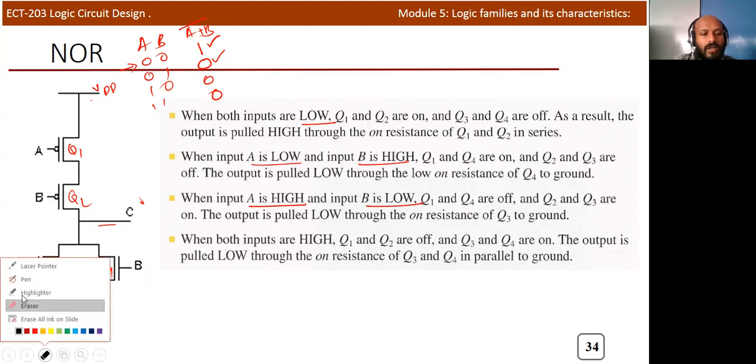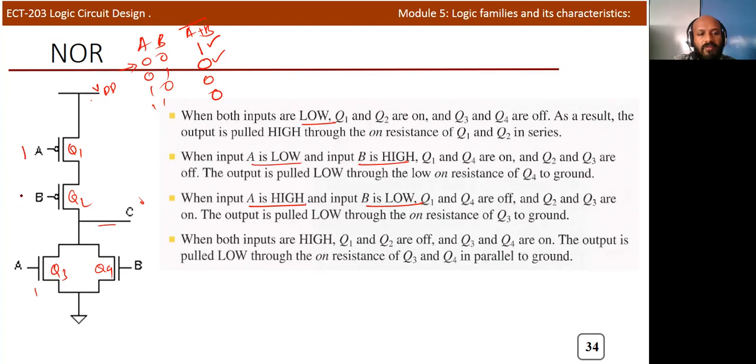So now we can assume that A is 1 and B is 0. Again, the upper portion is the PMOS transistors. When there is a logic 1 at the input side of the PMOS transistor, it will be in the off condition. So there is no current flow possible through the transistor, and VDD cannot reach the output terminal.